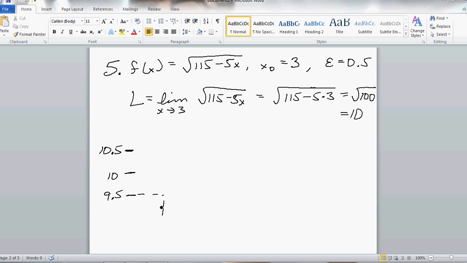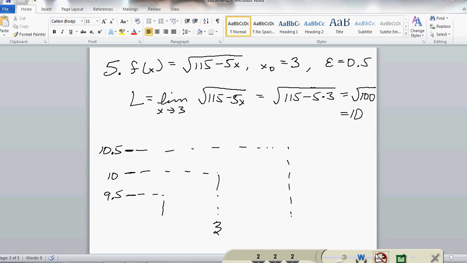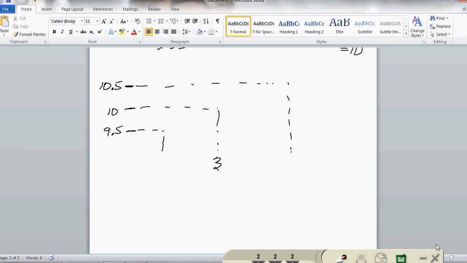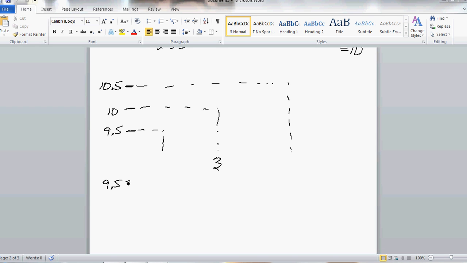And then we want to have the corresponding x values. Now, just like all previous problems, this x value right here should not be difficult. This is 3. How are we going to find these? We need to plug these in and then do some calculation. So we will get 9.5 equals the square root of 115 minus 5x.